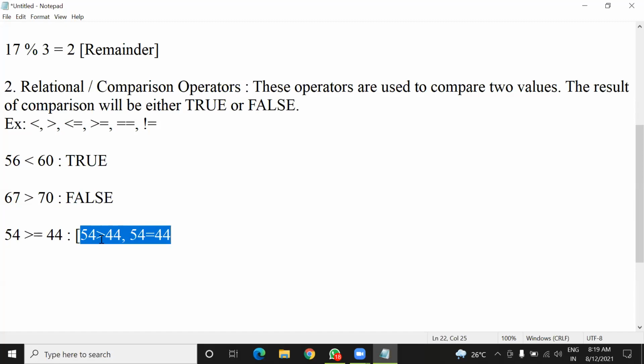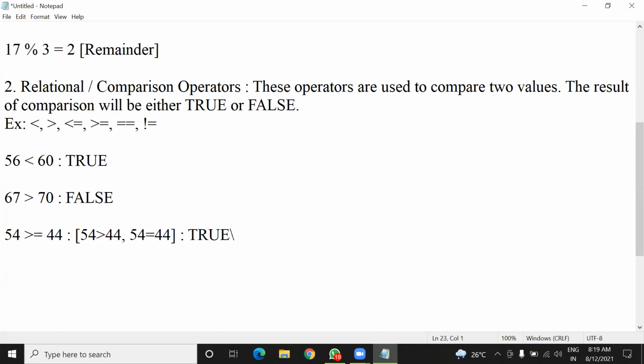One comparison is true now. If one or both comparisons are true, then you make it true. Otherwise, if both conditions are false, then you make it false. Understood, everyone? Yes, sir. So it will be true.